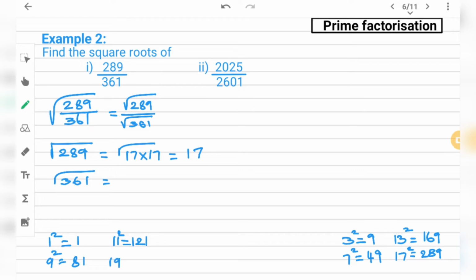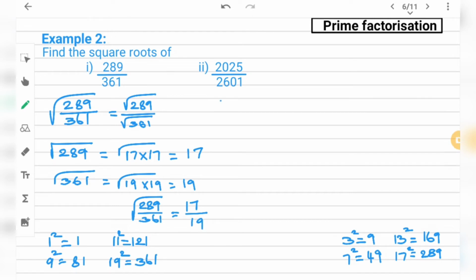Or 19 square. 19 square is 361. Right? Therefore, root of 361 can be written as 19 into 19. Then it is 19. Therefore, root of 289 by 361 is equal to 17 by 19.